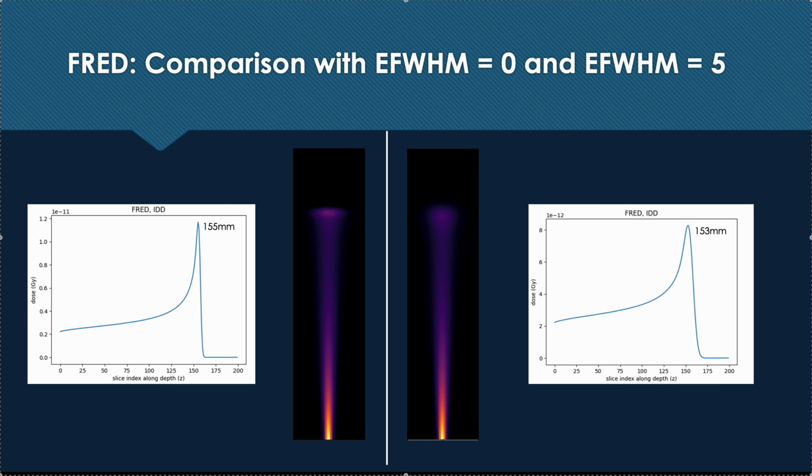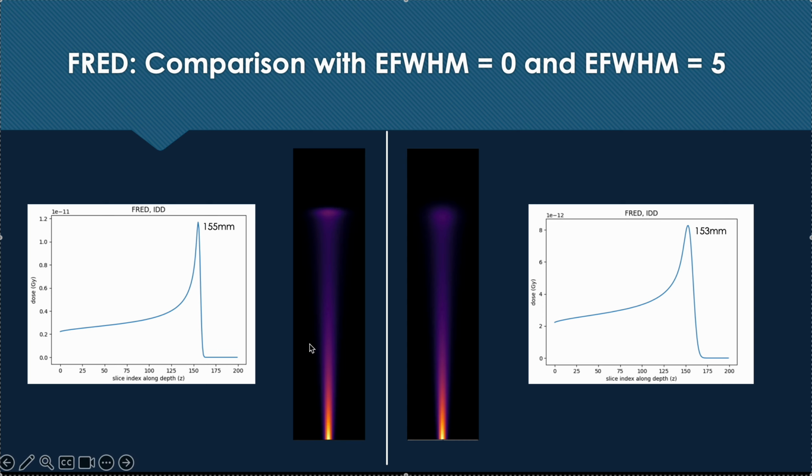The proton beam contains 1 million protons and has an energy of 150 MeV. When I say the energy full width half maximum is 0, that means the beam is monoenergetic. And when I say it's 5 MeV, it means the energy of the protons may vary from 145 MeV to 155 MeV. It's not monoenergetic.